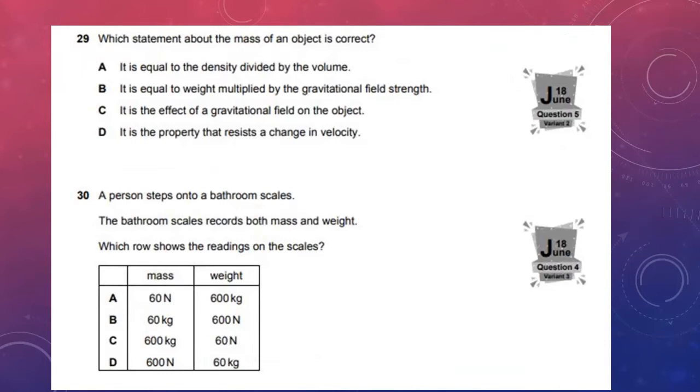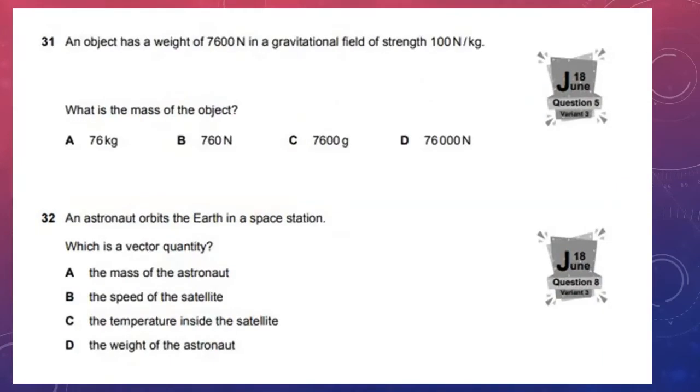Mass equals 60 kilograms and weight equals 600 newtons, because weight equals mass times gravity acceleration, meaning 60 times 10 meters per second squared, so weight equals 600. Okay.